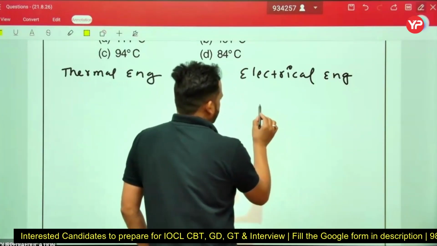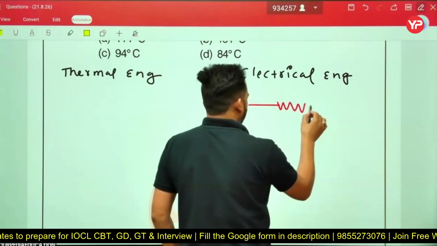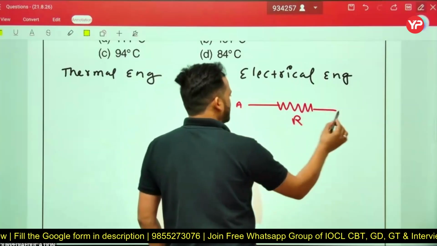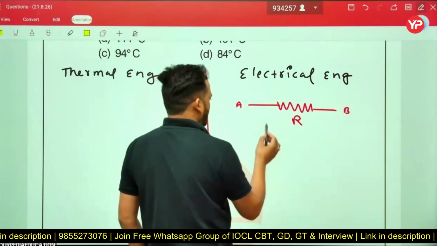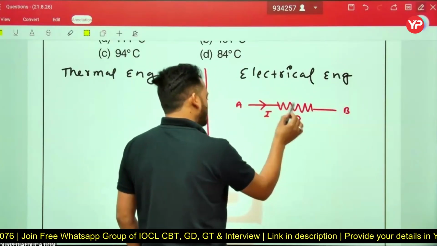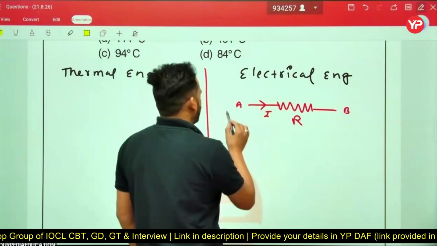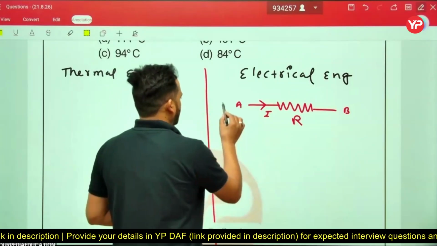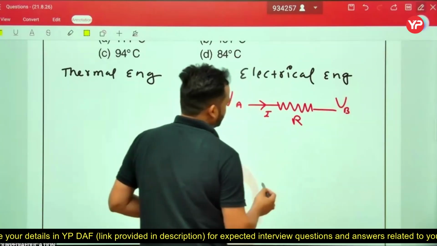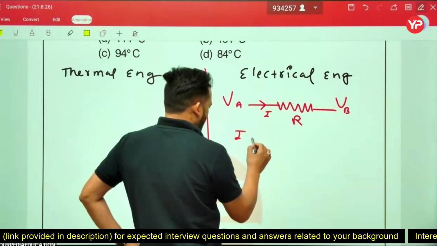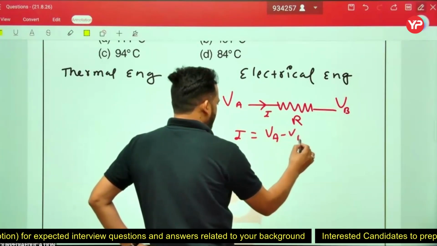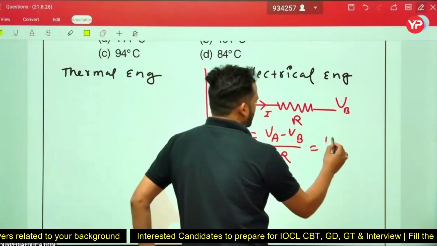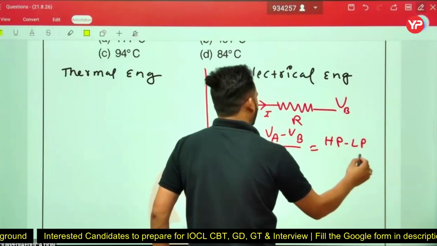See, this is the electrical resistance, denoted by R. This is terminal A and this is terminal B of this resistance, and this is the current flowing in this conductor. Current flows from high potential at A to B. So the current is I equal to VA minus VB upon R, or high potential minus low potential upon R.